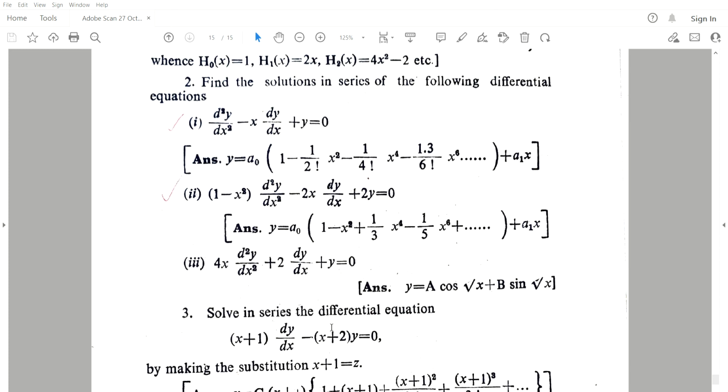Achha, one minute, just wait, my battery is very low.